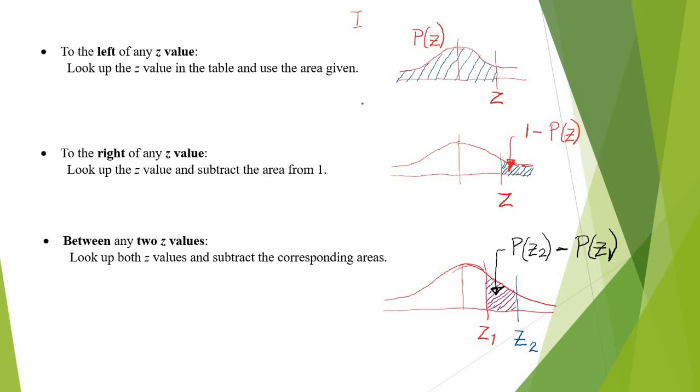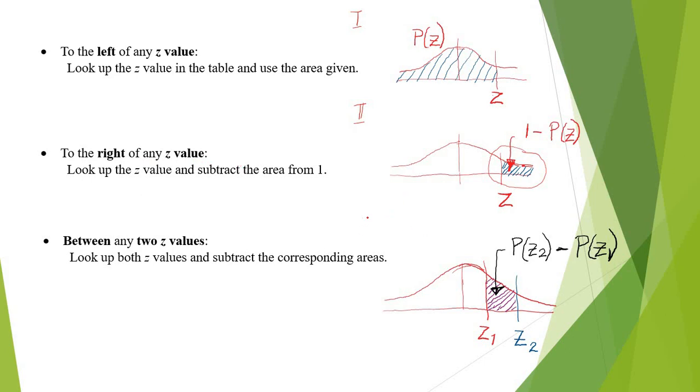Case 2 would be if we wanted to find to the right of any z value. So in this case, this is our area of interest. So from the table, we simply find p sub z, then 1 minus p sub z would give us this area here. So that is how we find the probability to the right of any z value.